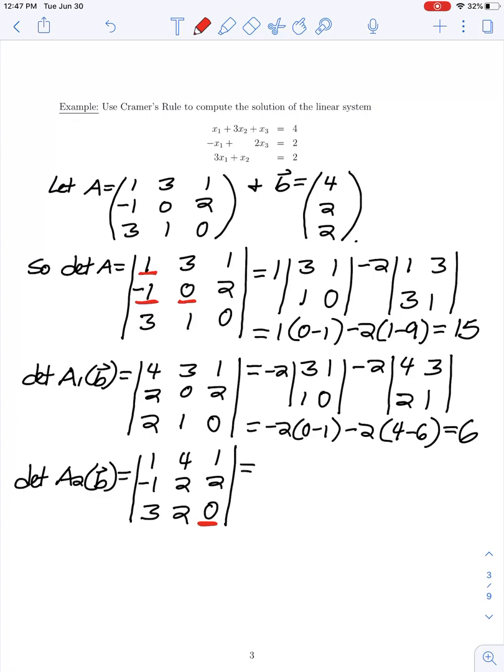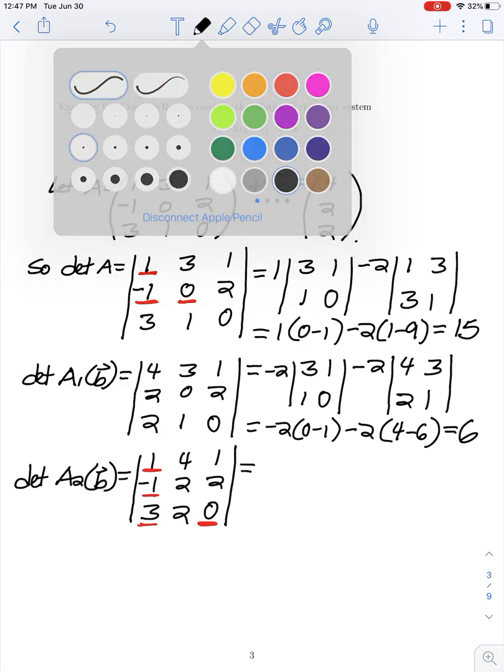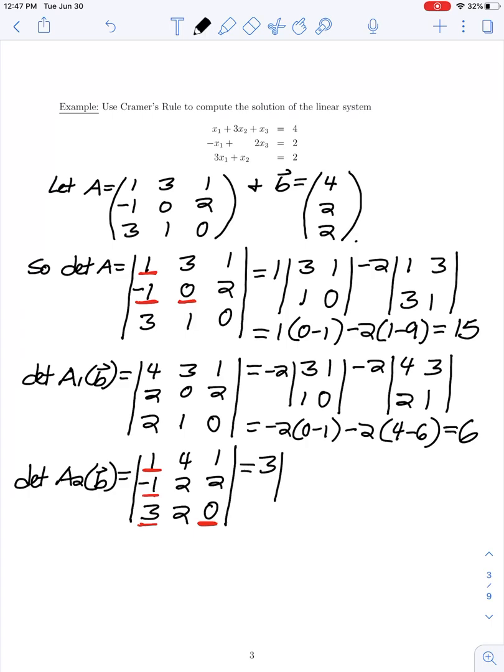So let me work with the third row here. So let's start by determining our sign. We start with a positive, negative, and then a positive. So we'll have a positive 3 times the determinant of the matrix 4, 1, 2, 2, minus 2 times the determinant of 1, 1, negative 1, 2, and then plus 0 as we're moving along that third row.